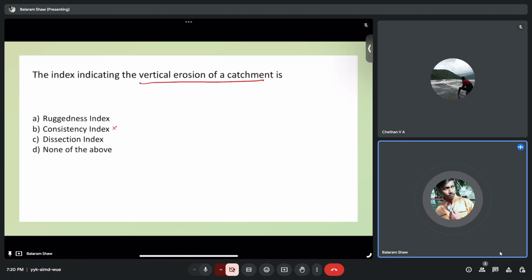Ruggedness index was the product of the drainage density and the relief, the relative relief.